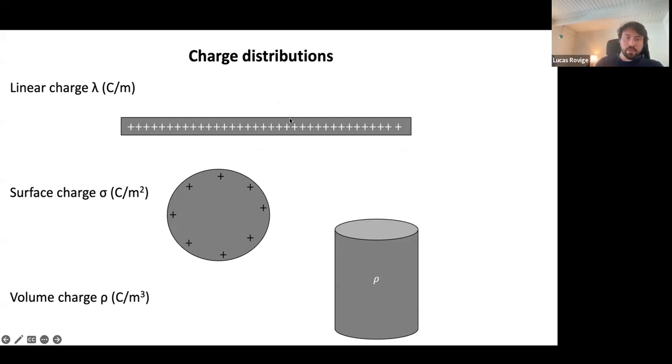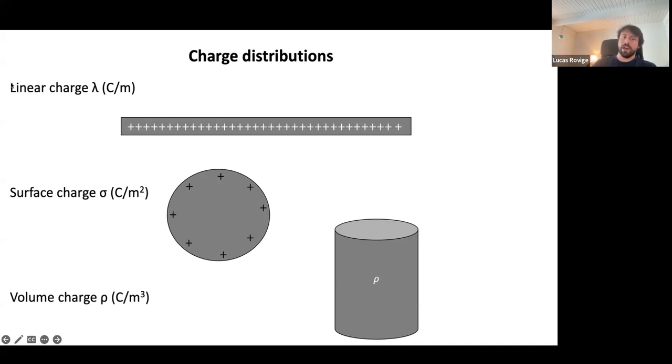Okay, and so yeah, we are going to consider cases where we don't have a very defined collection of a few charges, but charge distributions that are continuous and uniformly distributed.